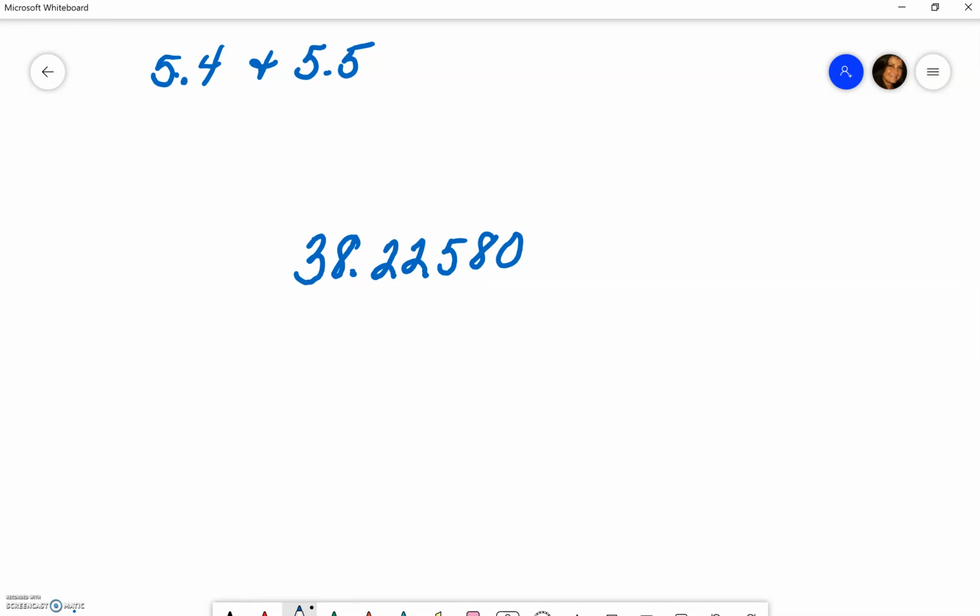Okay, this video is going to cover topics in 5.4 and 5.5. So at this point, hopefully you can recognize when you see a number such as 38.22580, any of the digits to the right of the decimal start out as tenths, and then hundredths.